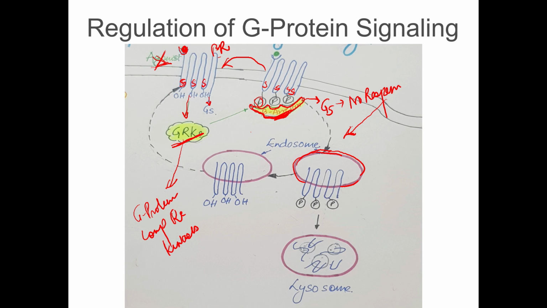There will be removal of the agonist. Once the agonist is removed, the endosome membranes, which are very rich in receptor phosphatases, cause dephosphorylation of this serine residue again. So the phosphate bonds are removed. Once this is removed, the receptor becomes sensitive again, and there is recycling of the receptor. Okay, so this is one.